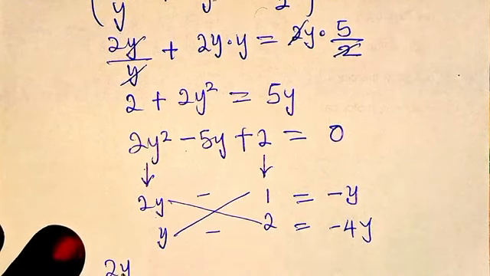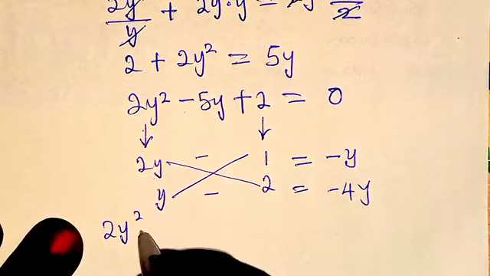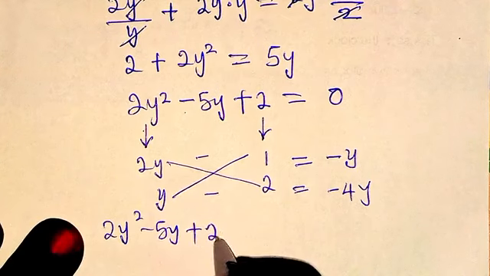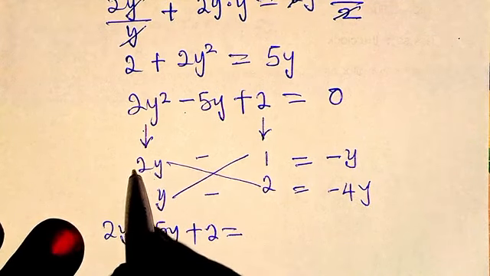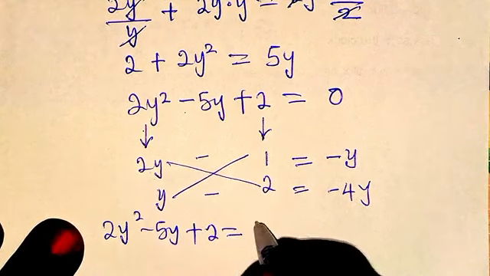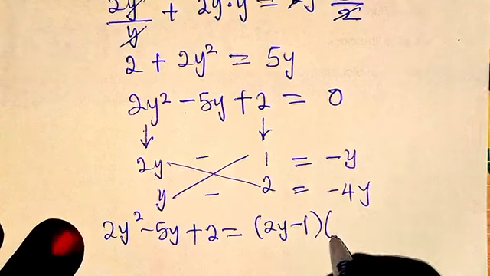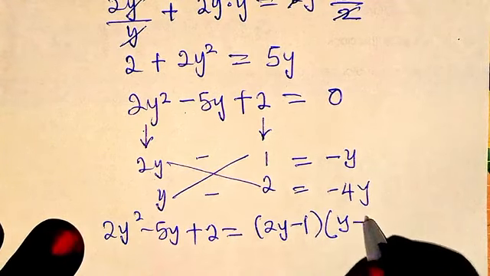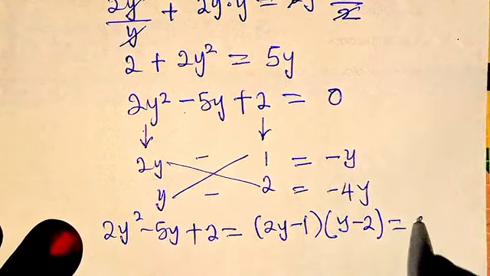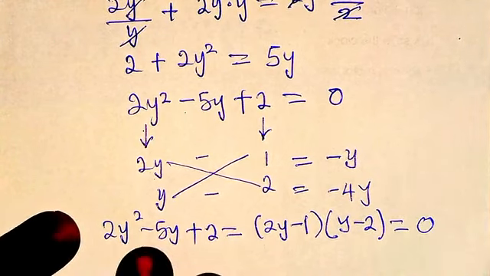Therefore I can have 2y squared minus 5y plus 2 equals, to factorize this one, I'm going to pick this and this: 2y minus 1 times y minus 2, everything equal to 0. Are you following?